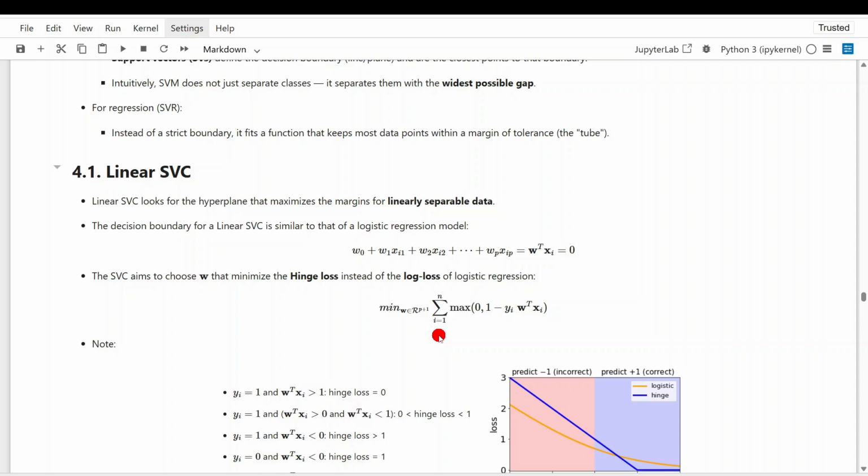So the aim is just to minimize this function and obtain the value of the parameters, which include the bias and the weights associated with the different covariates.